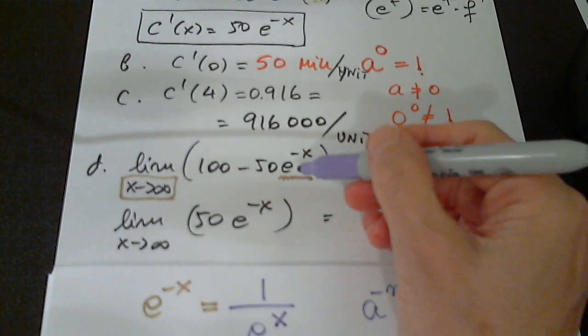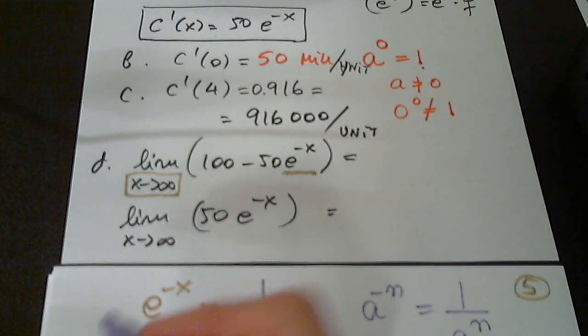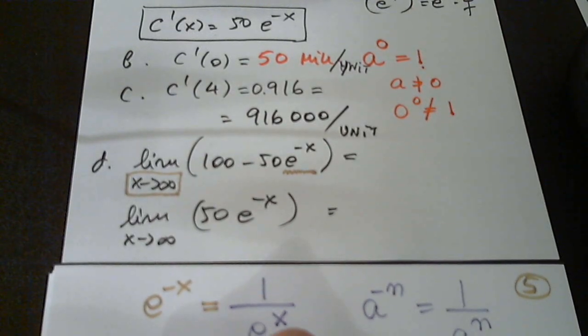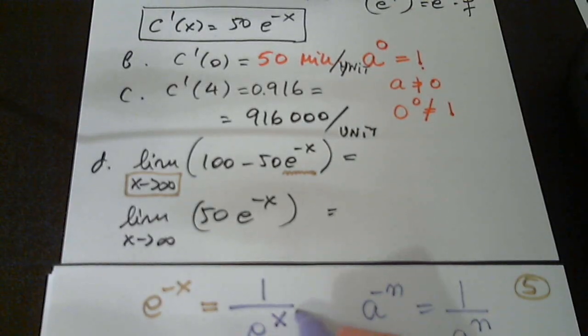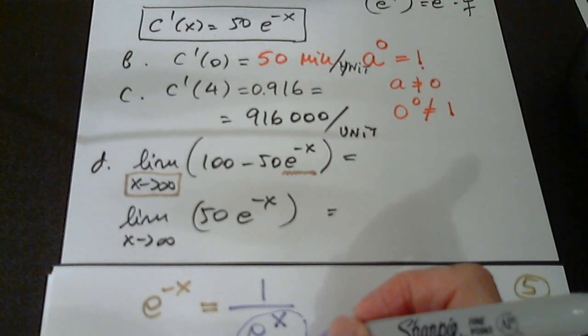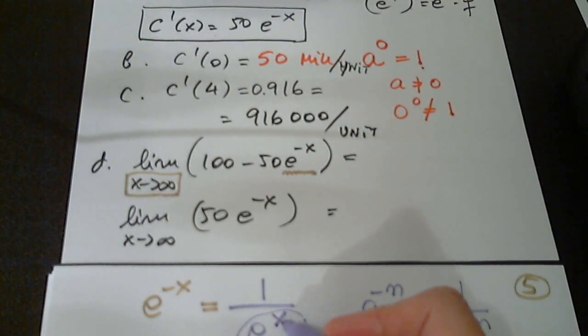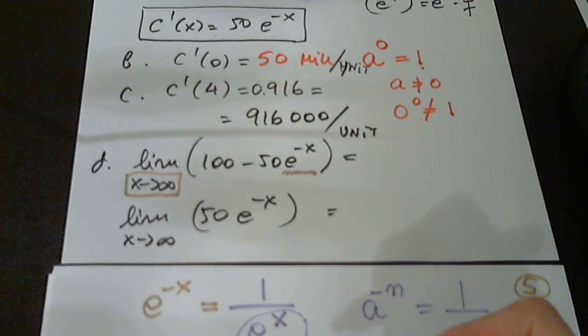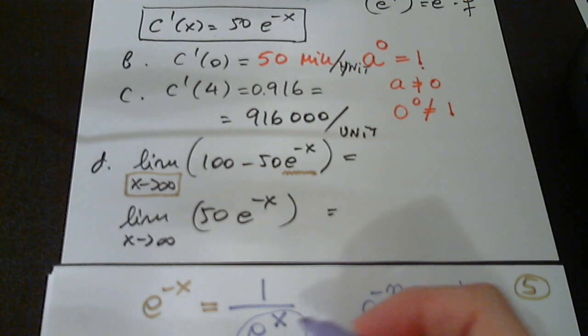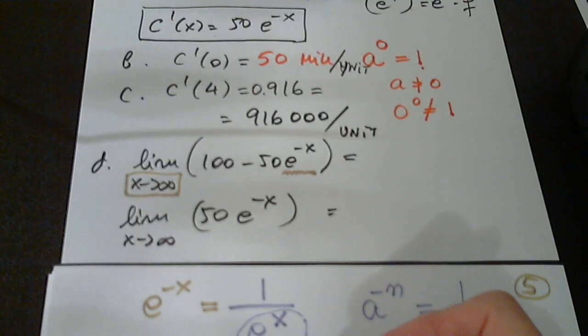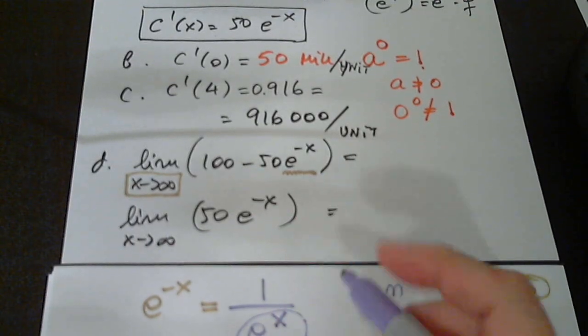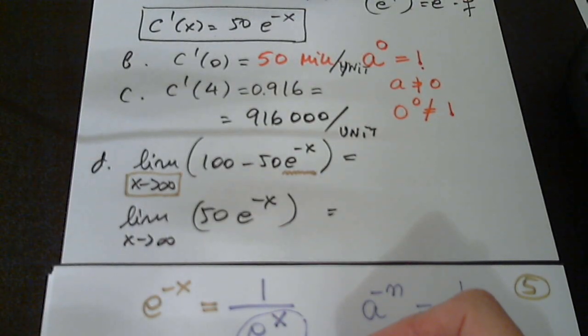So if that's the case, when x approaches infinity, what do you think happens to this number in the denominator? Where will this number go when x approaches infinity? So e to infinity. Where will e to infinity go? Not the 1 over, just this piece.